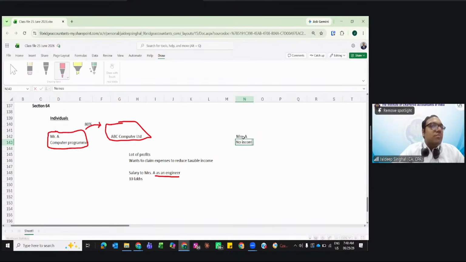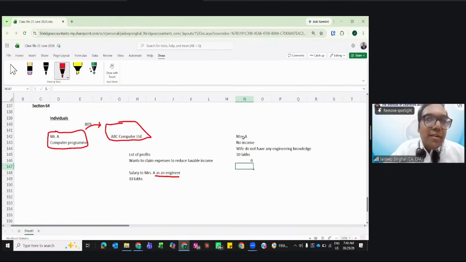Mrs. A has no income, and the wife does not have any engineering knowledge. If wife will get 10 lakhs of income, what will be the tax liability on this? There will be zero tax liability because rebate will be available.